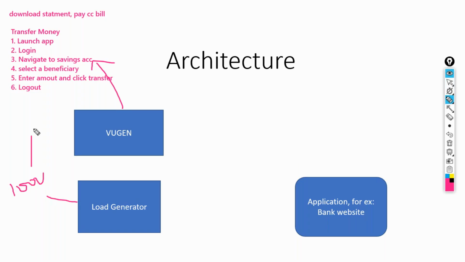These 100 users will go and execute these steps. They might not do it simultaneously, but with a little time gap, a few seconds, one after the other. They will start and continue those steps. And we can decide that gap, maybe 5 seconds, 10 seconds. Yeah, we can decide.